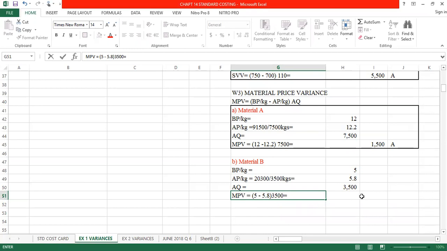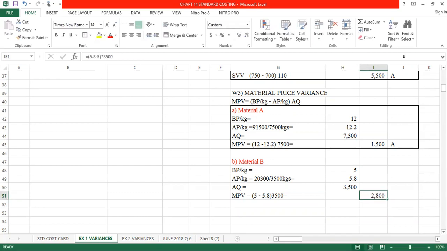So absolute again, 5.8 minus 5, of course multiplied by 3,500. I'll get the answer: 2,800.